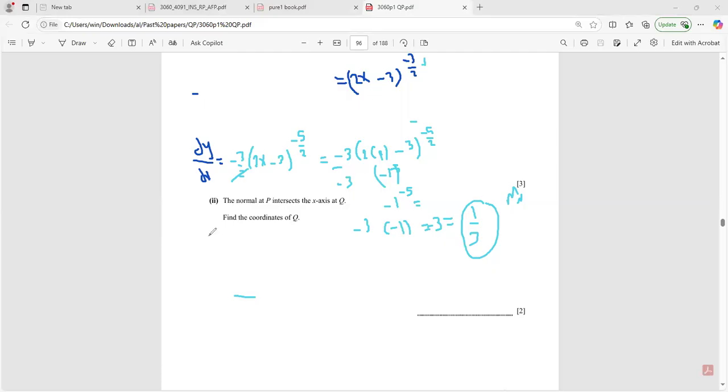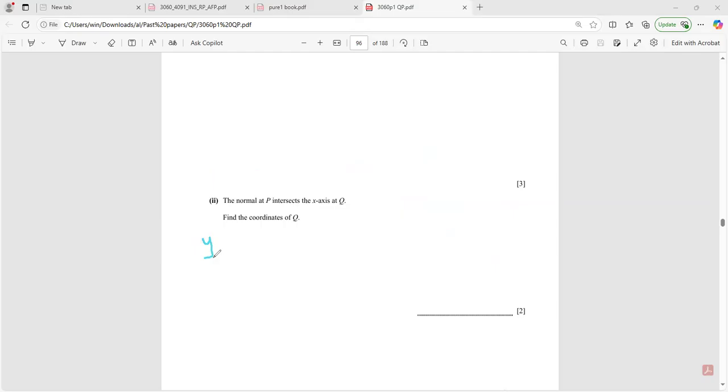So here we're going to write y minus 1 over x minus 2 equal to negative 1 out of 3, just to get the equation of the line. So we have here x minus 2 would be equal to 3y minus 3.